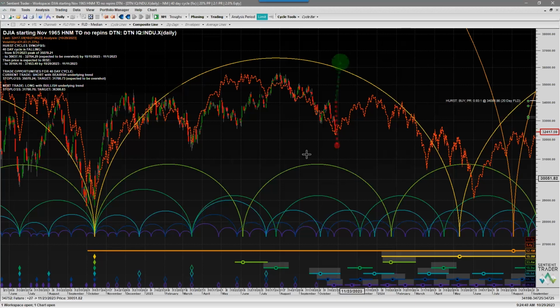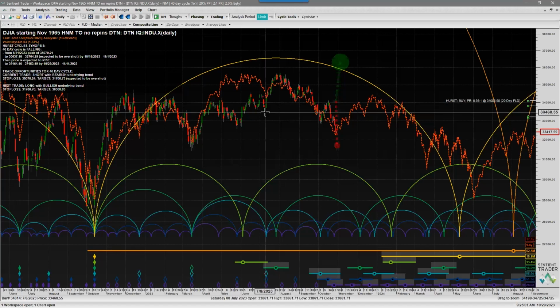You'll notice that it was expecting a 40-week cycle trough somewhere in this neighborhood here. Now, it could have been here, which would have been a little late, or it could have been here.